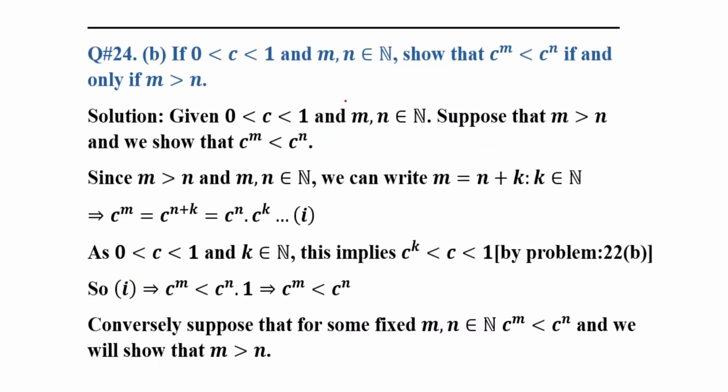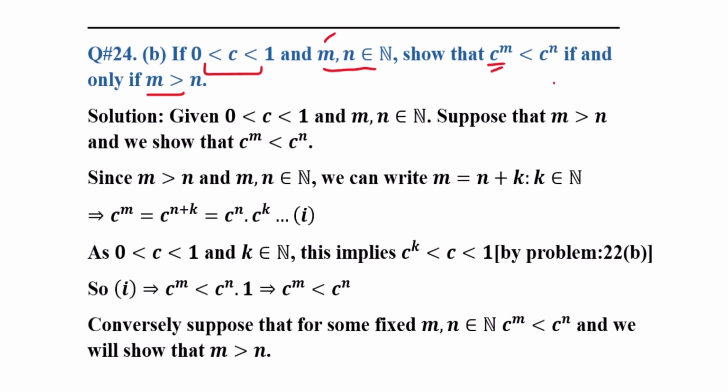24b. I hope you can do this question. In this part, your c lies between 0 and 1 and m and n belong to N. In this question, at a higher power, where m is larger than n, the exponent result is smaller.